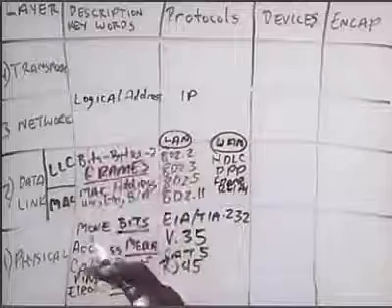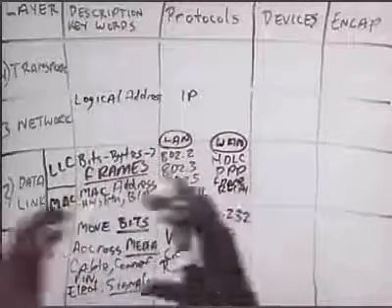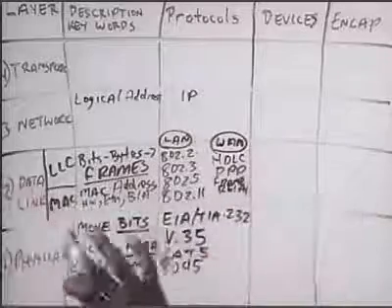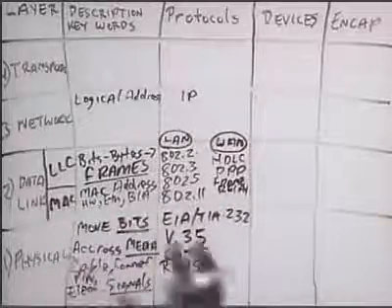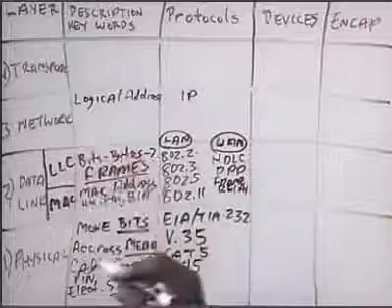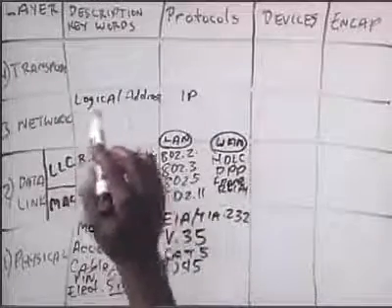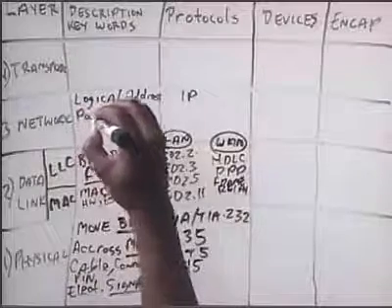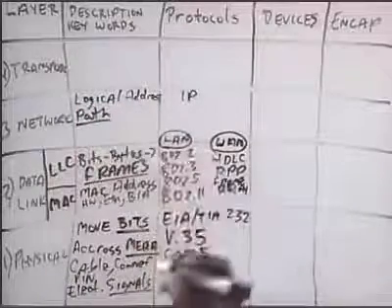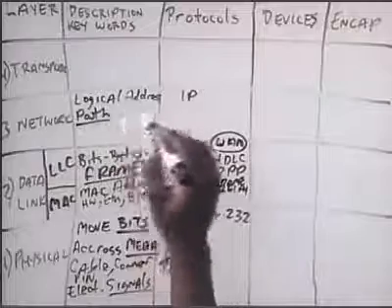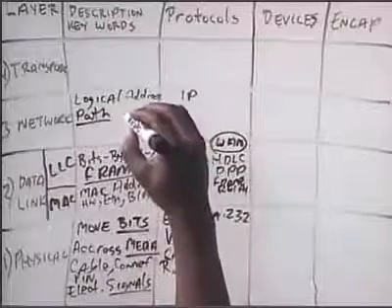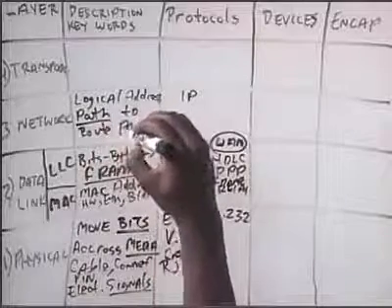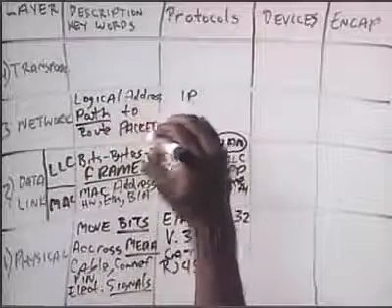These logical addresses provide a hierarchical approach to being able to determine exactly where a device is or exactly where a packet is destined to. So logical addressing, which routers use for path determination, that's another key word. Logical addresses for path determination to route packets.